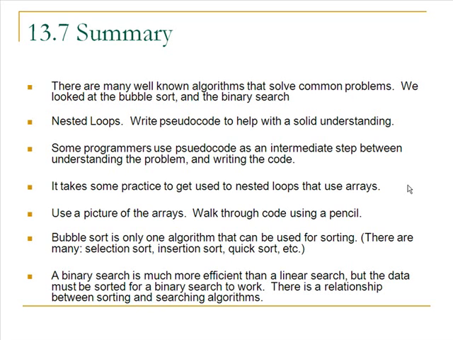So when you cut the search space in half, you have to know that what you're looking for is in the half that remains, and that implies that the data had been sorted. So there's a relationship between the sorting and searching algorithms that we've looked at.